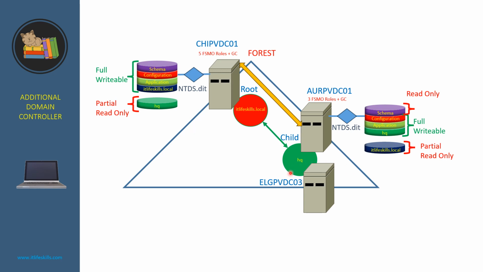When we promoted LHPVDC03 to the second domain controller of the child domain hq.itlifeskills.local, its Active Directory database also contains the schema partition, the configuration partition, the application partition, and the domain partition for the domain hq.itlifeskills.local.